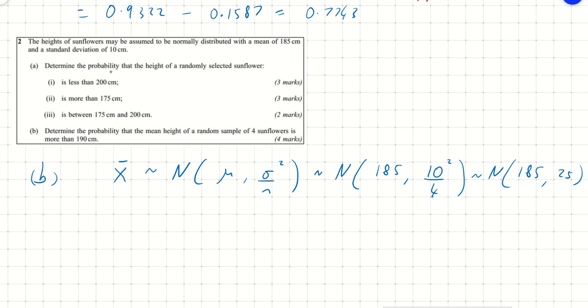Okay. So P(x bar is greater than 190), we're going to use the same idea. It's the probability that z is greater than 190 minus 185 over the standard deviation. Well, standard deviation is root 25, which is 5.